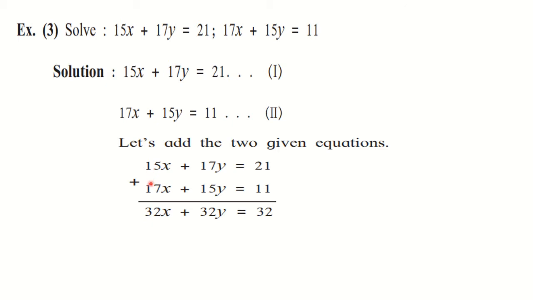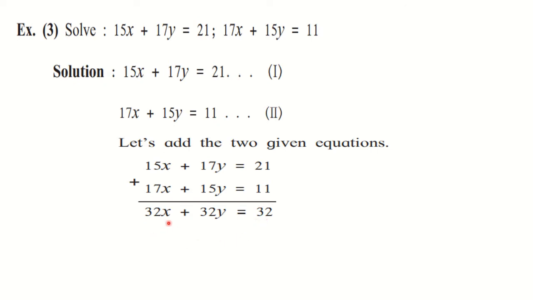X is present in both places, so we write it as it is. So 15 plus 17 is 32. 15x plus 17x is 32x. Similarly, 17y plus 15y is 32y. And here 21 plus 11 is 32.